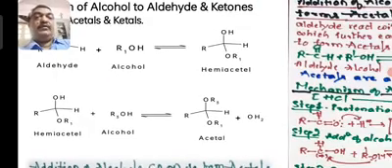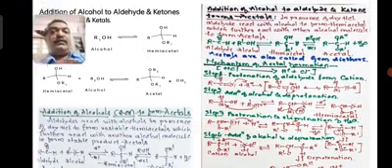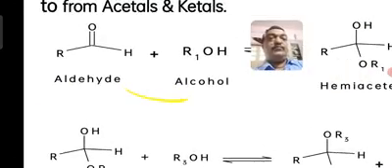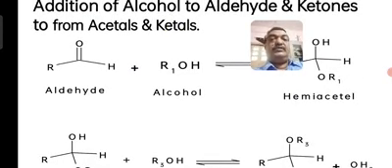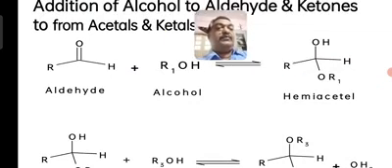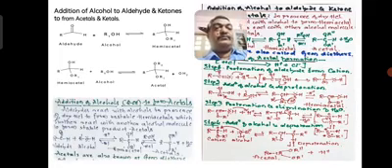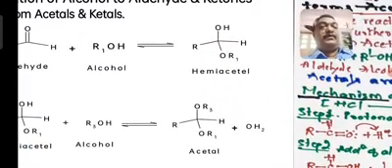I have given specifically an aldehyde, that is RCHO. When this aldehyde is treated with an alcohol like R1OH, what happens? You get RCH(OH)OR1. So this is your hemiacetal formation.